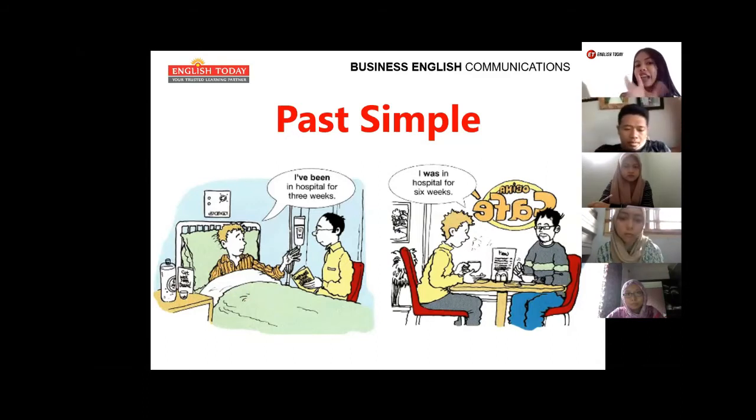I need you to tell me what you understand from the pictures, from the situations. Now do it one by one first. Start with past simple, and then later you can go with the present perfect. So look at the two pictures and tell me what you find in those pictures.